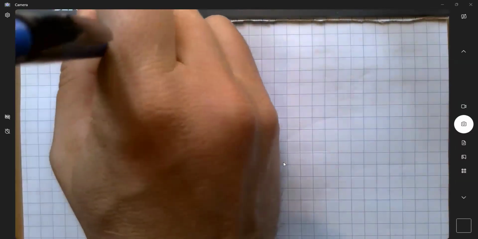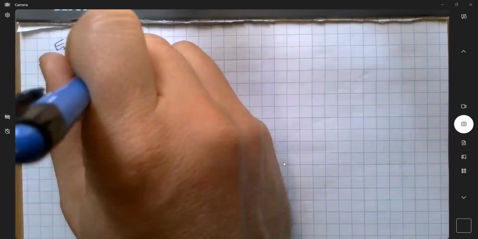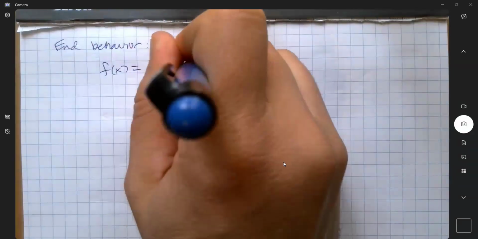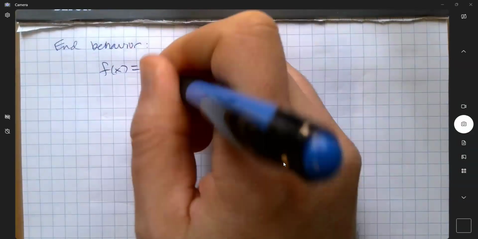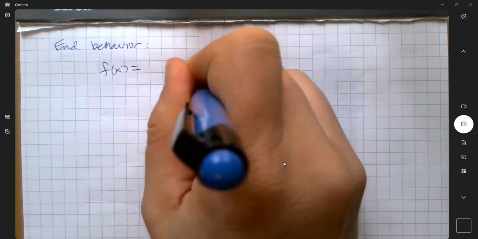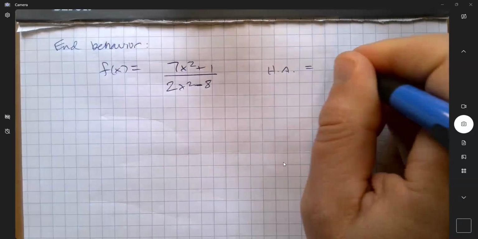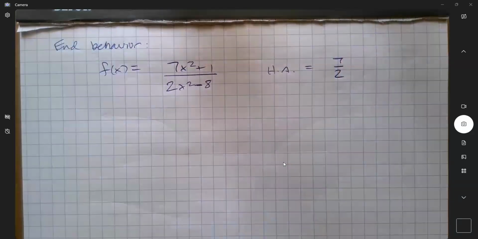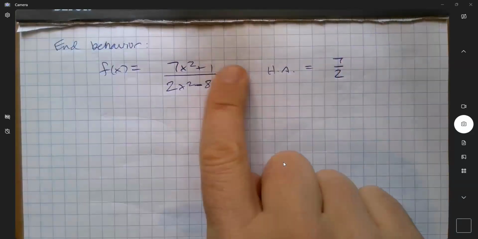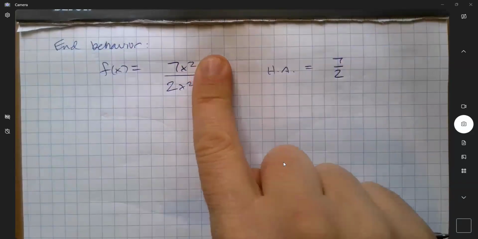You just look at the ratio of the leading terms. So if I have, for example, 7x squared plus 1 over 2x squared minus 8, then my horizontal asymptote is just 7 over 2, because I just look at the ratio of the leading terms.